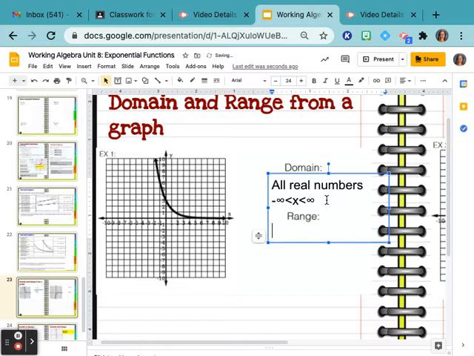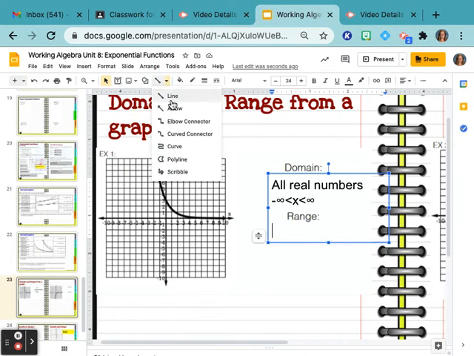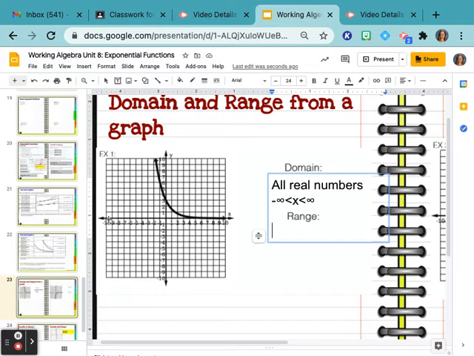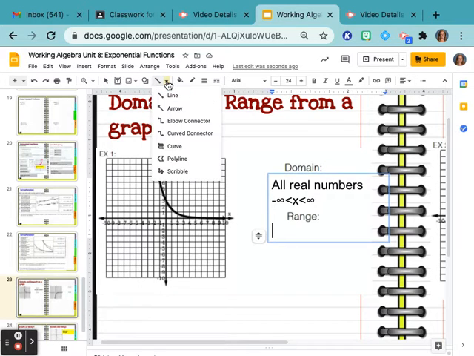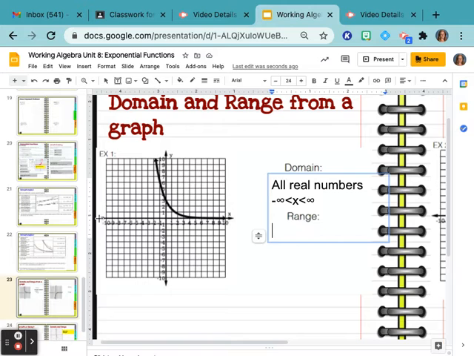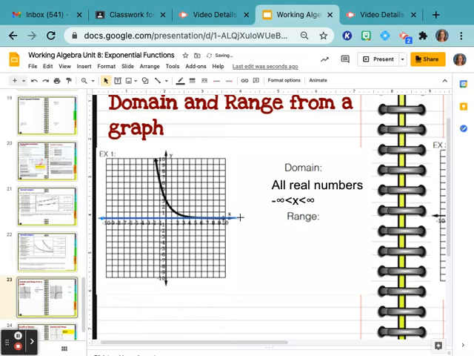Now our range is our y values. So it would be closer and closer and closer to 0 without actually touching. So let's draw our asymptote. So get the line tool, and it is on the x-axis. So draw your asymptote on the x-axis.